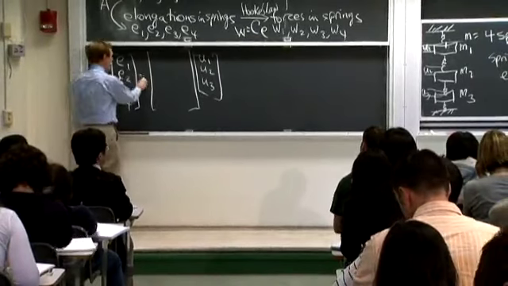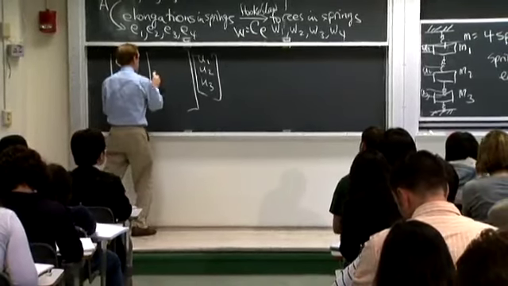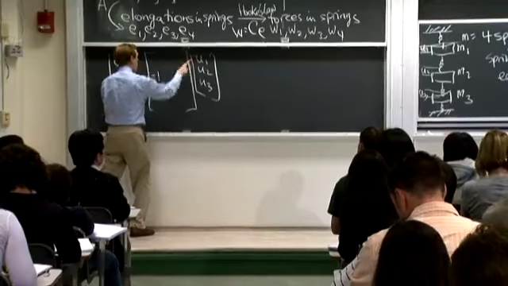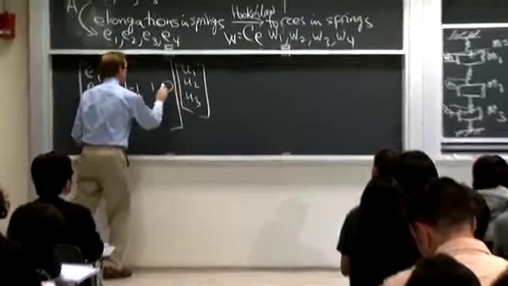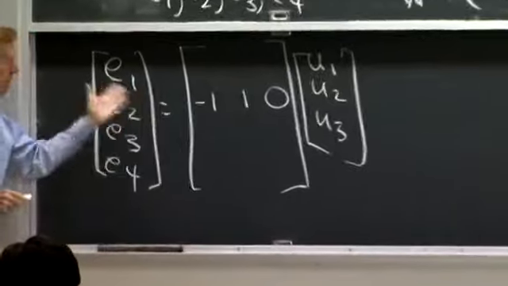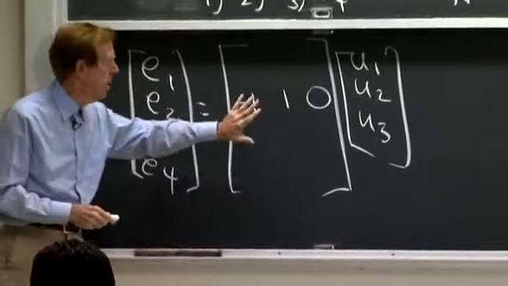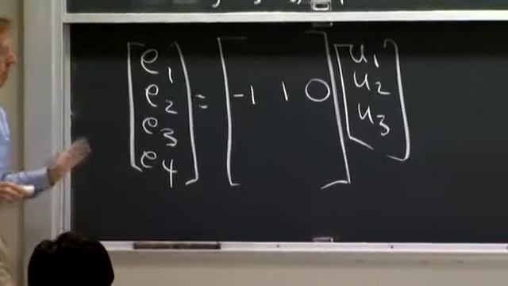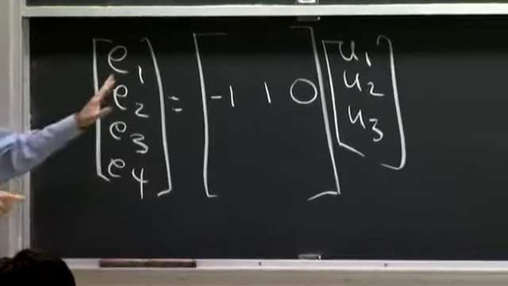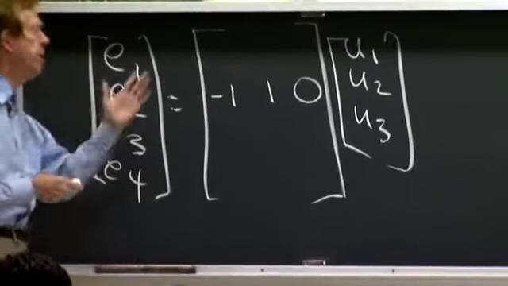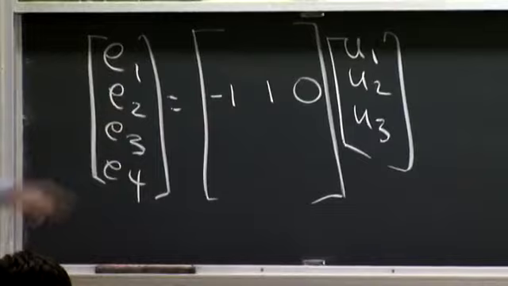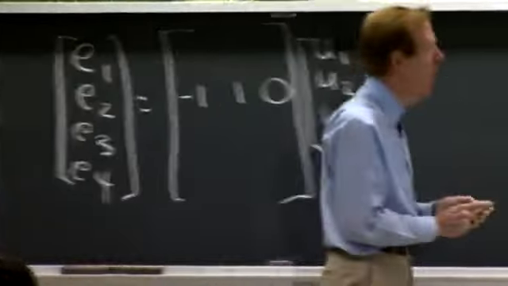So E2 will be a minus 1 here for U1, a plus 1, and a 0. That will be a typical row of the displacement stretching matrix, you could say. Now, what about the stretching in E1?